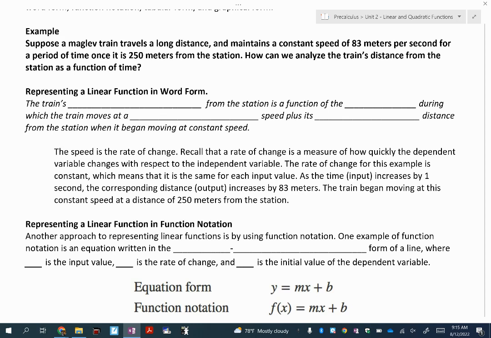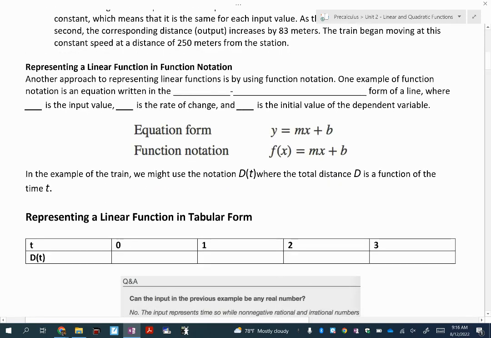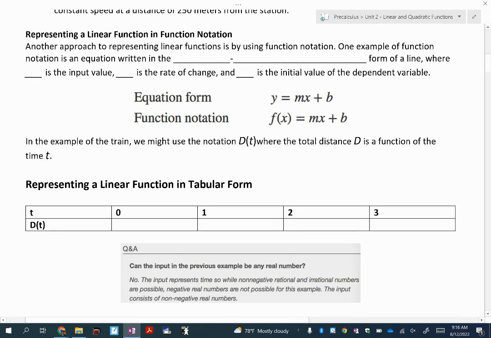All right, so the train's distance from the station is a function of the time during which the train moves at a constant speed, plus that extra distance, or you could say buffer distance from the station, when it began moving at that constant speed. Now, you guys know that models a linear function.